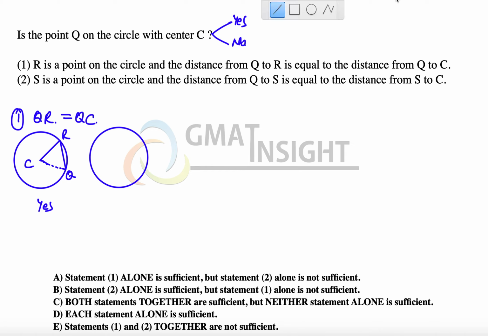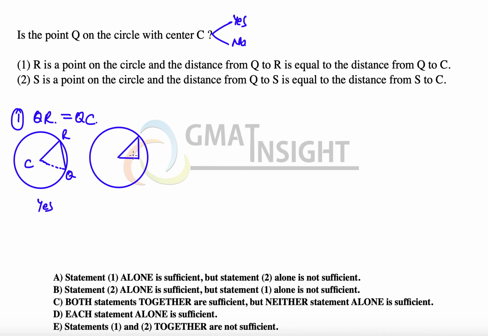Now let's try to draw another possibility. Once again we have to check that QR should be equal to QC. I've chosen C and R at the same points, and I am choosing a point Q in the space here such that this distance is the same as this distance.